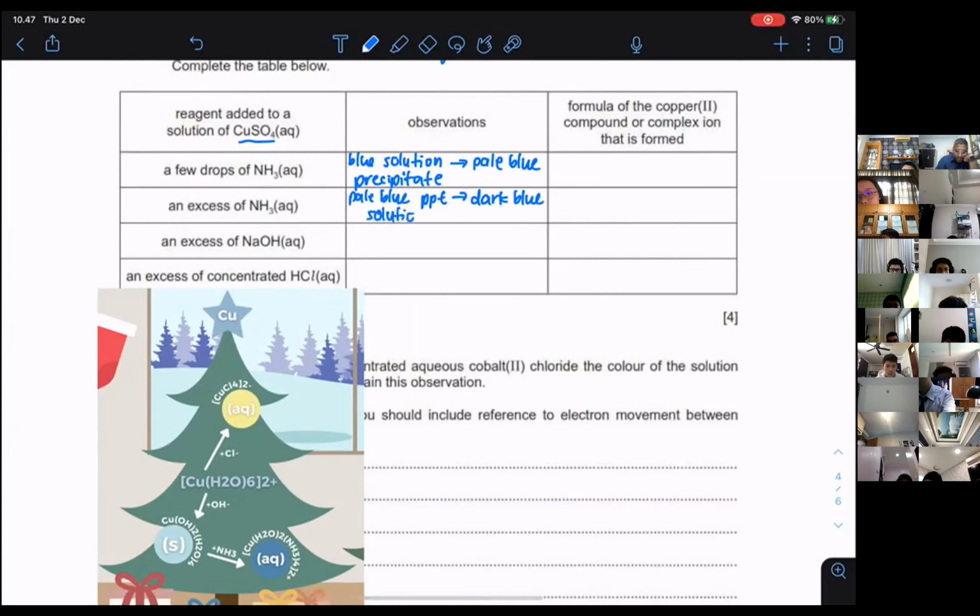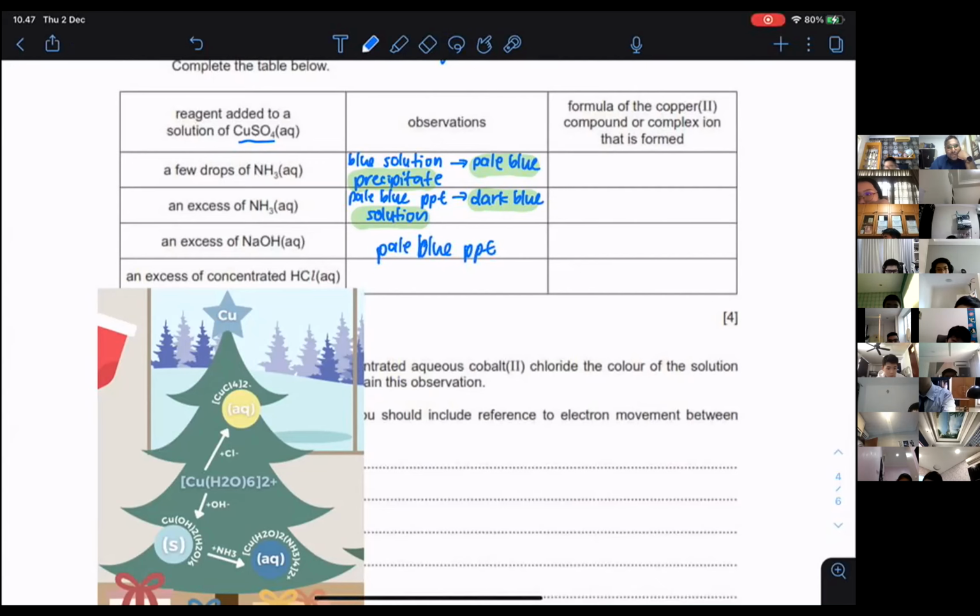Some of you can just write the final one, that's okay: dark blue solution. If I use sodium hydroxide, then of course it's going to be a pale blue precipitate. I'll just use short form over here.